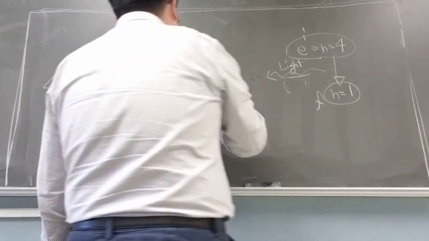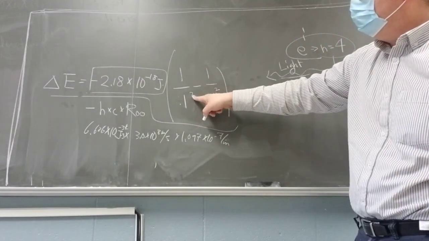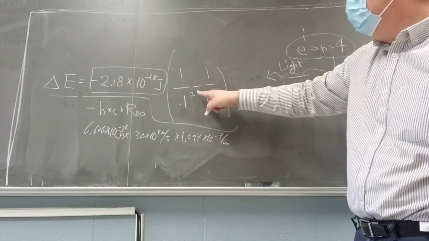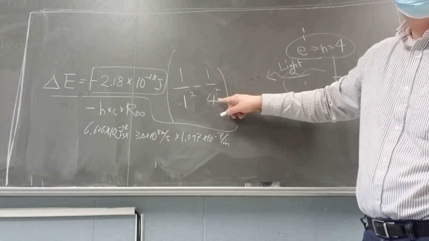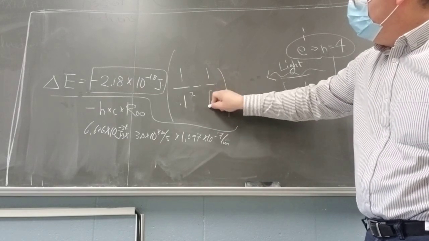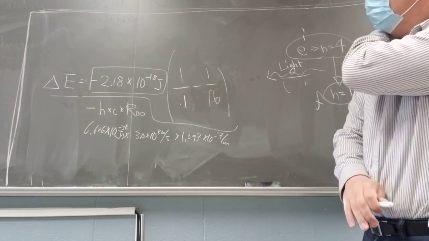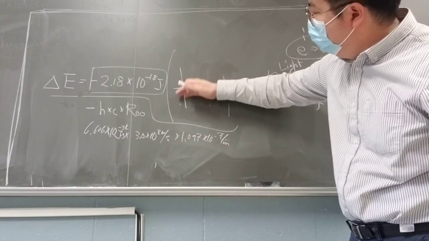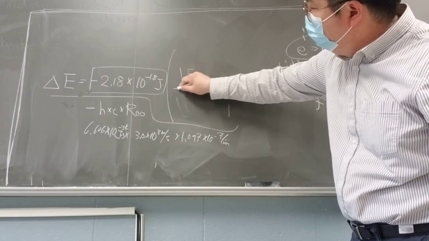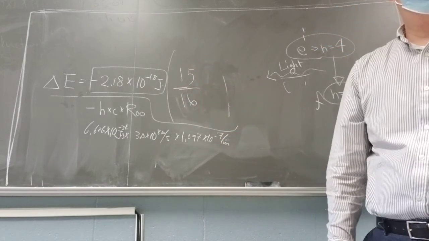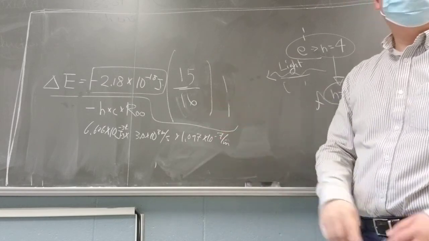So if you do this together, it would be 1 over 1 squared, which is just 1, right? Minus 1 over 4 squared, which is what? 16. Okay? So 1 minus 1/16 is what? 15/16, right?